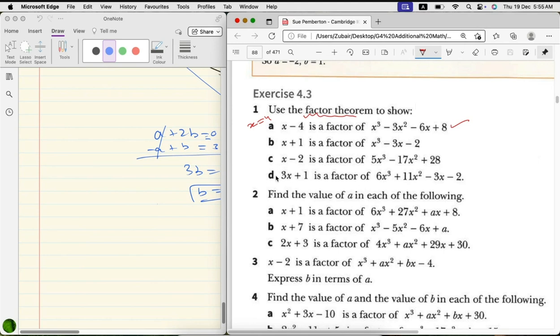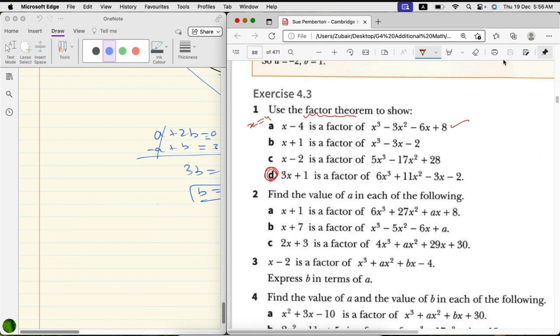Try D part. X is negative 1 by 3. I'm getting 0.